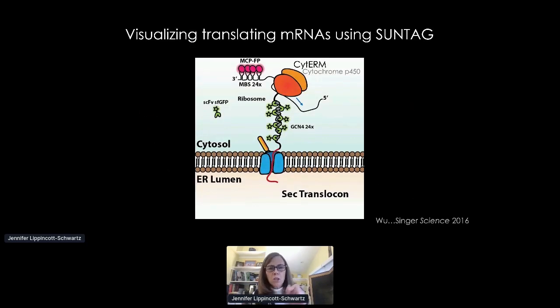So in order to determine which of those two were actually mRNA engaged in translating proteins, he generated a different type of tool based on a SunTag probe, where cytochrome P450, while it is in the process of being synthesized, is very quickly recognized by a fluorophore that allows you to pinpoint sites of active mRNA translation.